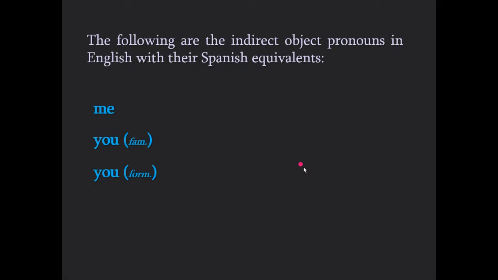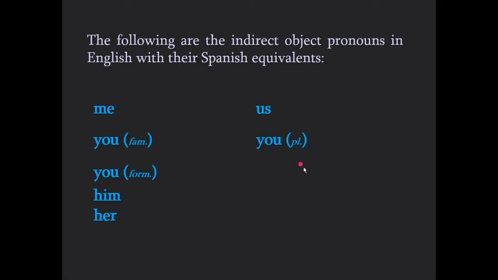But you remember in Spanish, we have formal and familiar, so that will come into play here when I give you the Spanish in a minute. Then we have him, or to him. And then her, or to or for her. Us. You, plural, when you're talking to a group of people, saying, I'm giving this to you. Once again, depending on the region of the United States or where you learn English or how you speak English, you may often use a different word here.